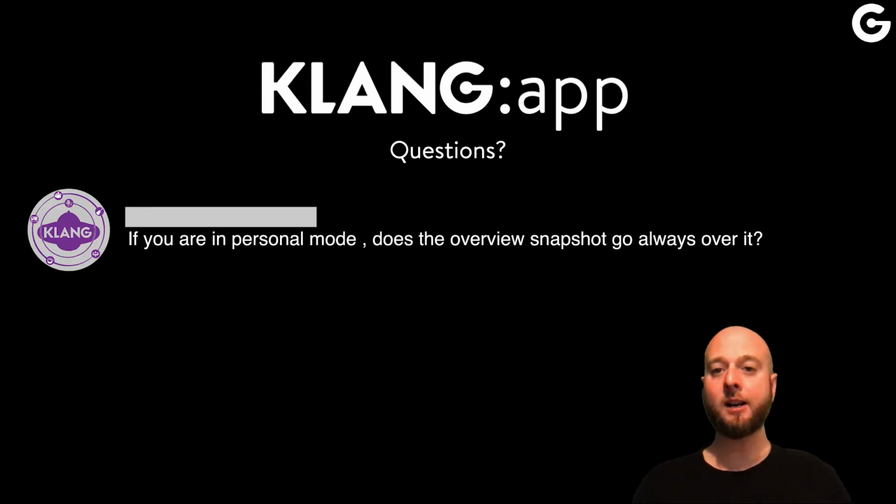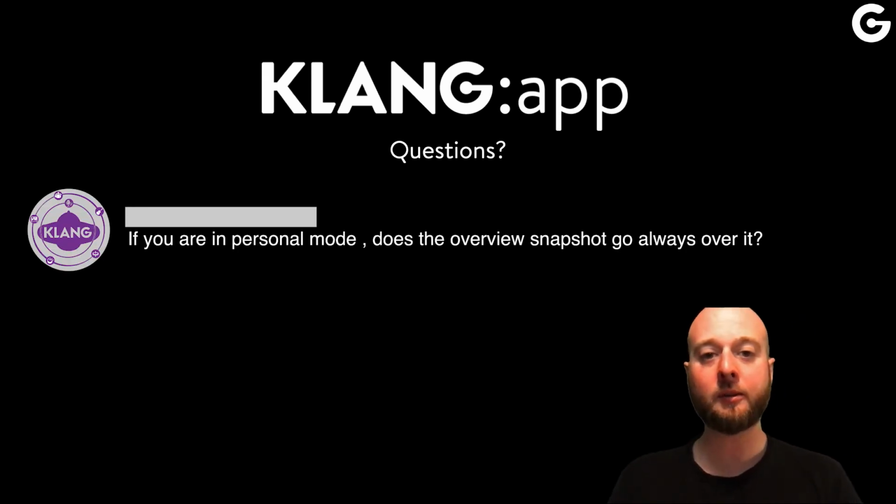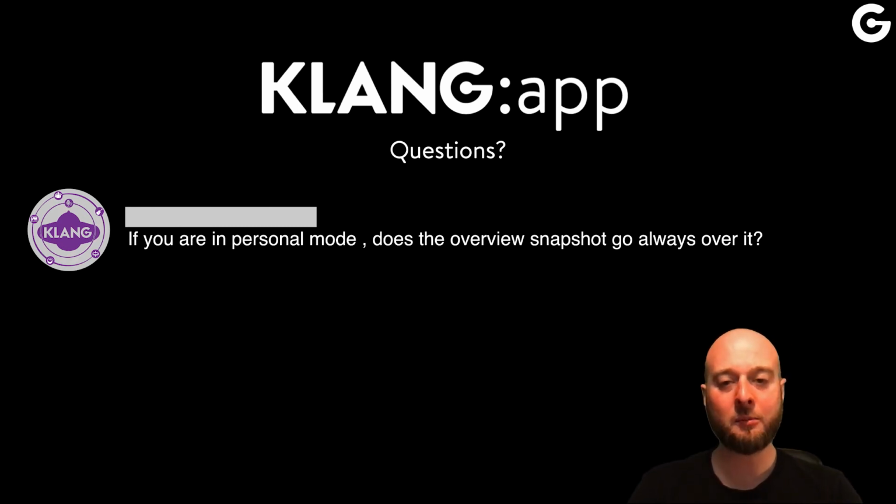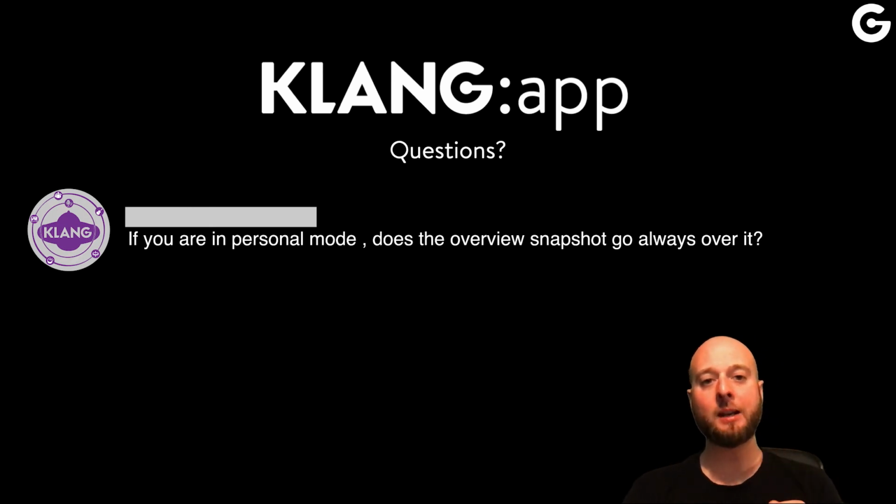There's a question from Ralph. If you are in personal mode, does the overview snapshot always go over it? Oh, okay. I think I know what you mean. I'm sorry, that took me a second. So you mean if we are in personal mode and we have a snapshot in there and somebody fires a global snapshot, that would affect your mix unless you recall save your mix.